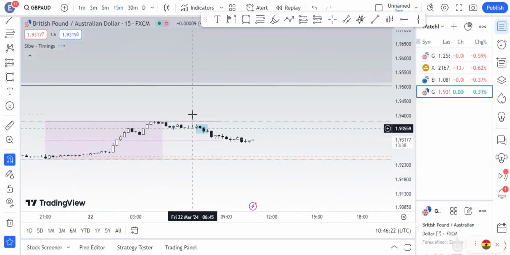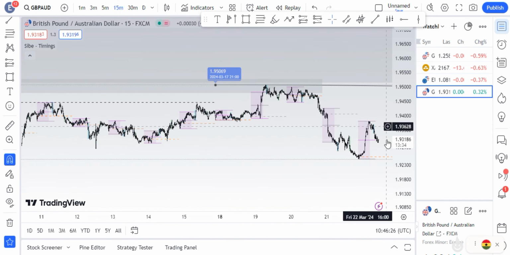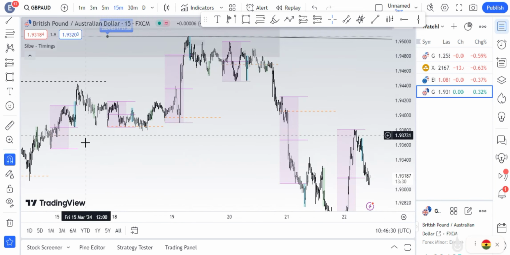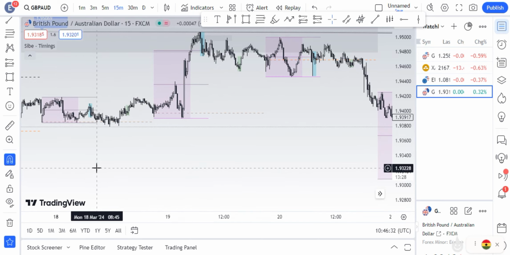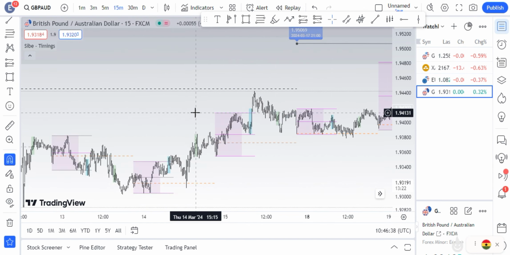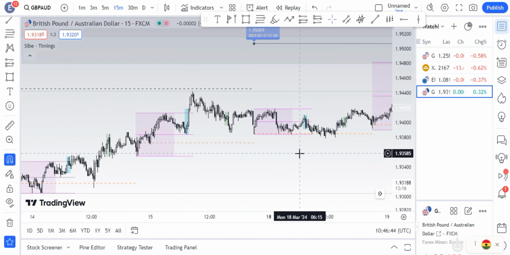How I would get into this trade on a normal day is, if I were on Monday, I would have been trying to hop into sells right at this level. But based off of my higher time frame markup, I realized that this was a major liquidity area, so price had to trade above this area for me to consider any sells, and that was my plan going into Monday.